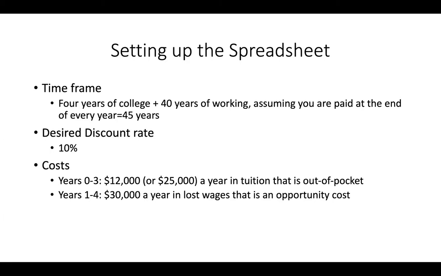And I'm going to be really honest, a lot of you seem to think that you can just say 12,000 times 4 plus 30,000 times 4 and have that all act as if it happens in 1 year. If you show me a college that you don't have to pay your tuition at the beginning of the term, I would be shocked.